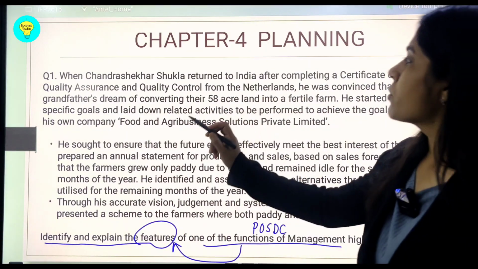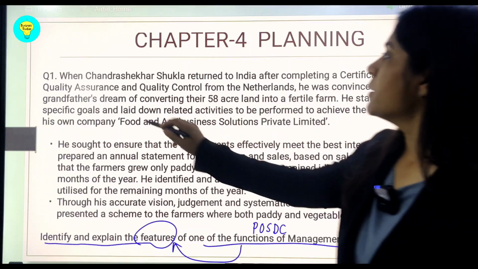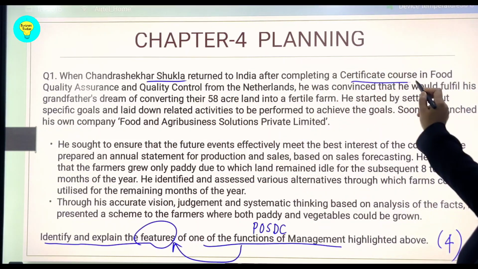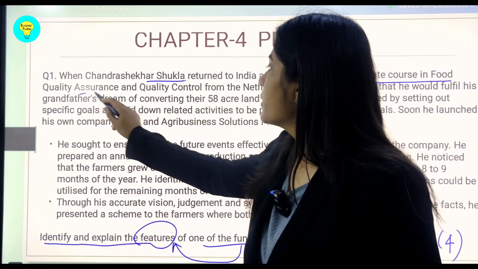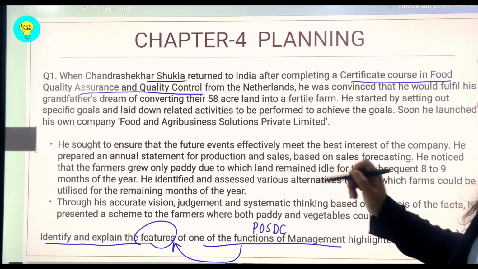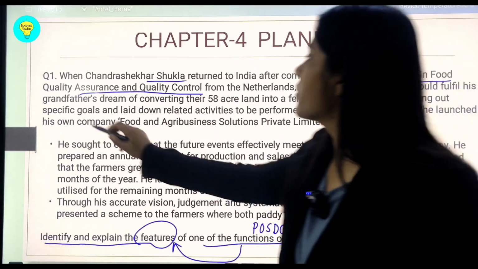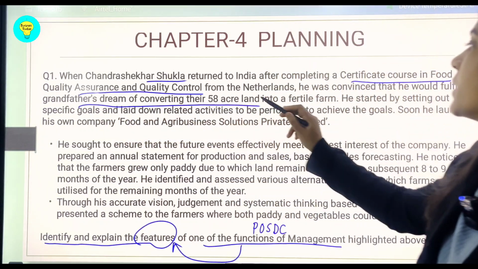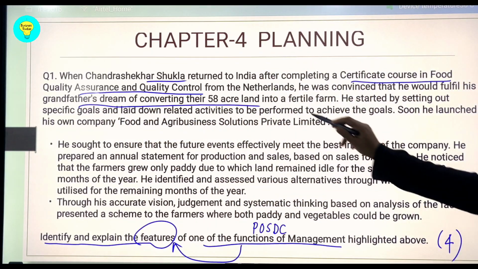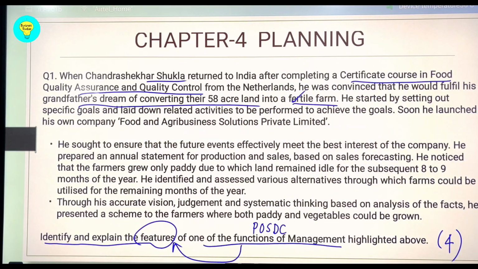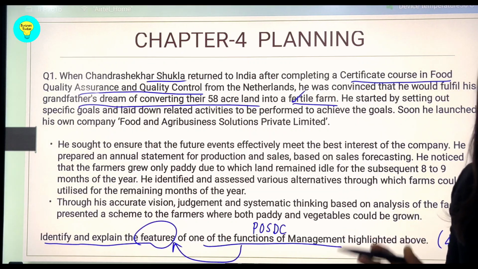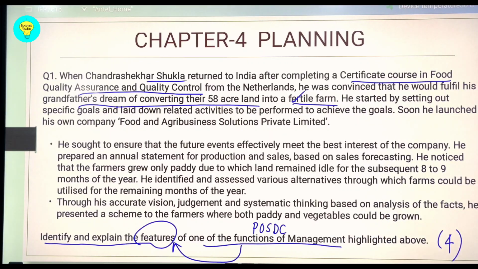When Chandrasekhar Shukla returned to India after completing a certificate course in food quality assurance and quality control from Netherlands, he was convinced that he would fulfill his grandfather's dream of converting their 58-acre land into a fertile farm. So Mr. Chandrasekhar is up to his grandfather's dream of converting their heritage land into a fertile farm.